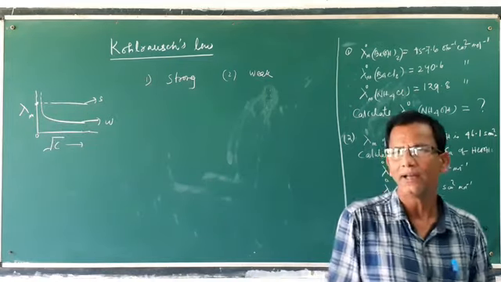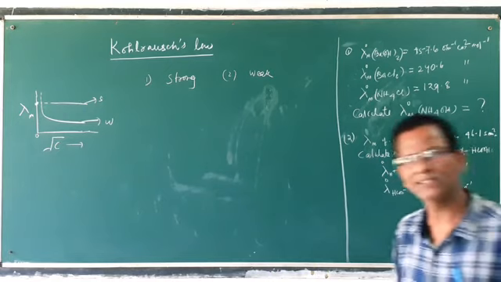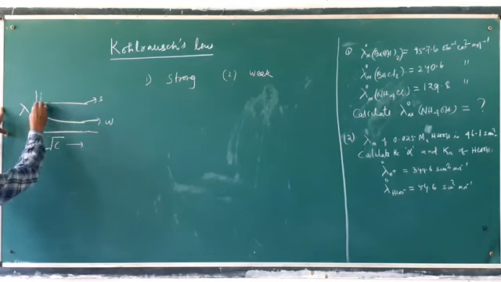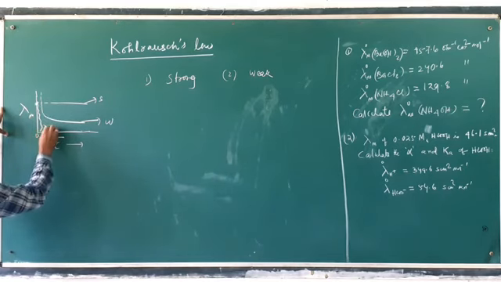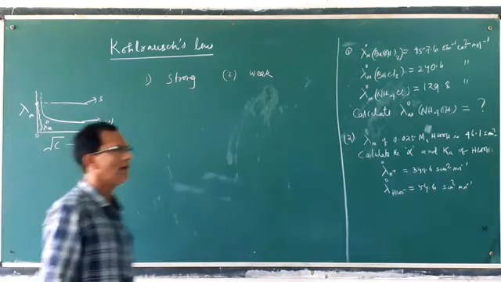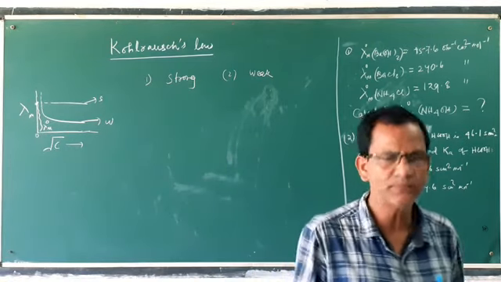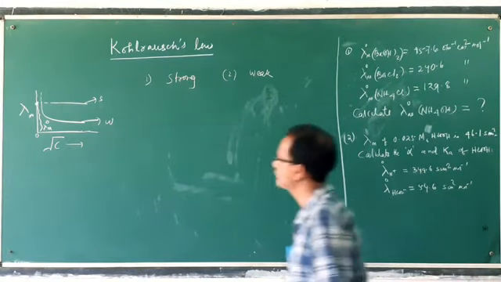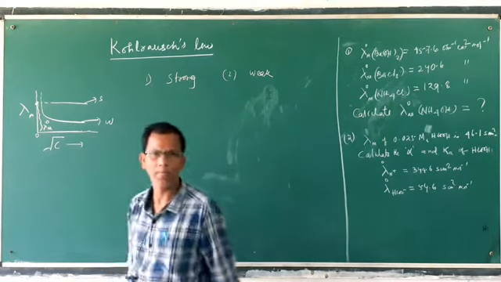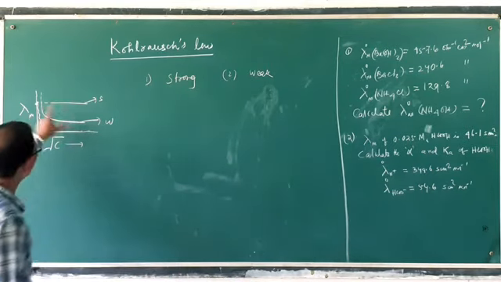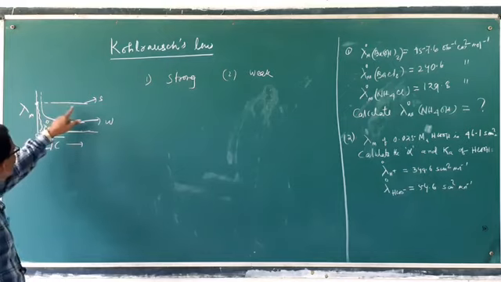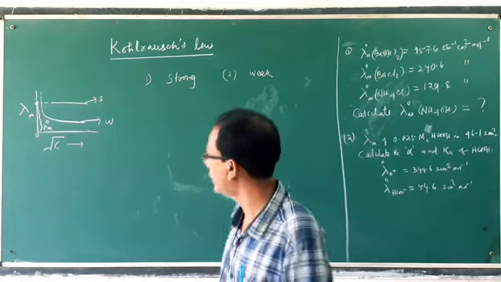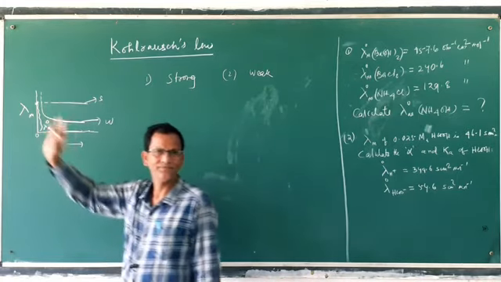Concentration 0 means it is infinite dilution, excess dilution. And this is called lambda m naught. That means limiting conductance, the maximum conductance of the particular electrolyte, because concentration is 0. So graphically, we can determine the lambda m naught of a strong electrolyte.